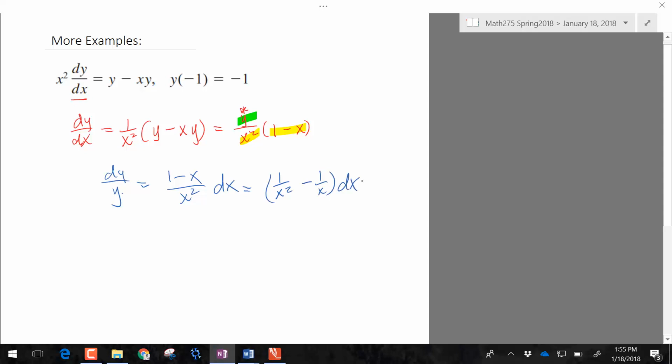So, if we're dealing with this, we want to separate it, and then we integrate both sides.